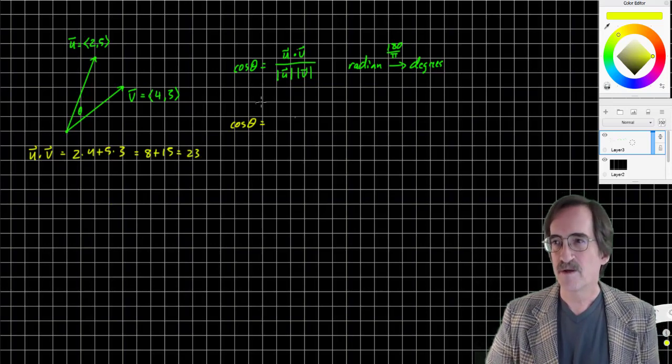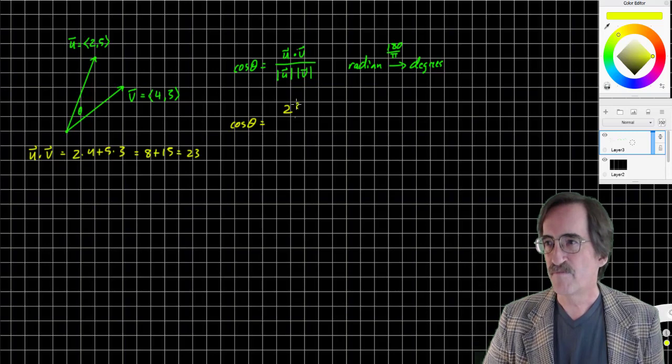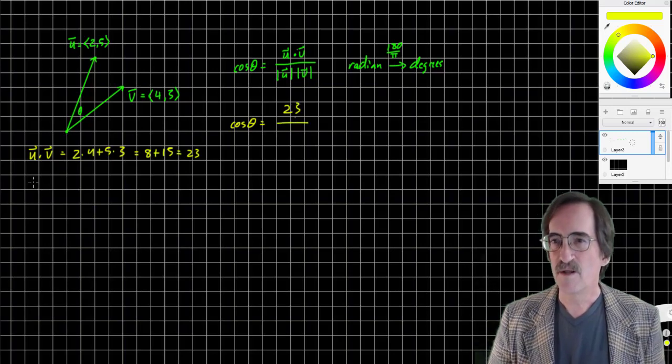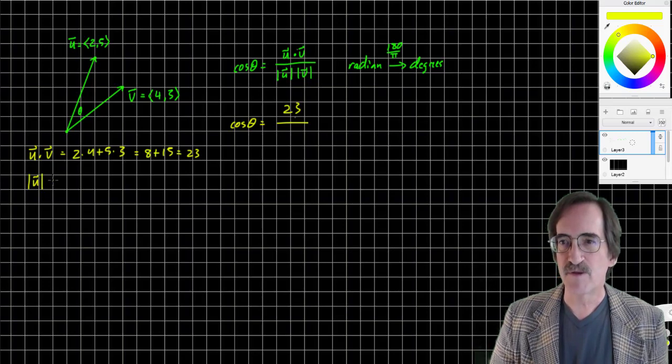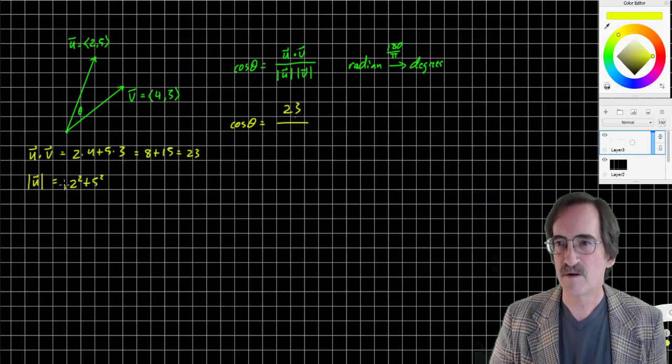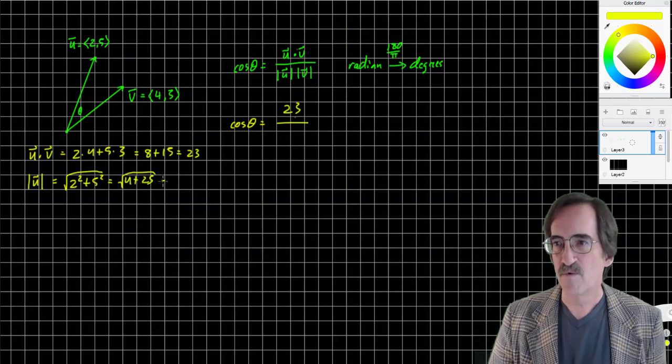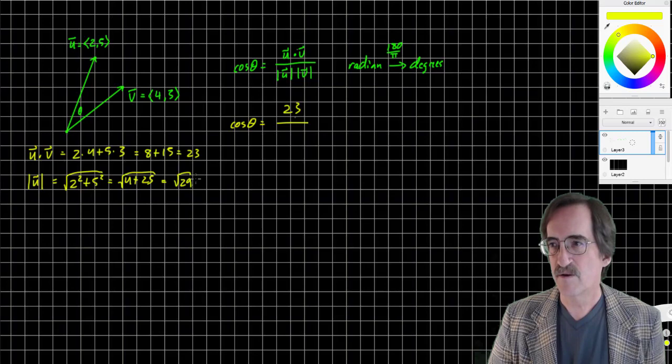Okay, so 23 on the top. On the bottom, the magnitude of u is basically the Pythagorean theorem, so the square root of 2 squared plus 5 squared, which is the square root of 4 plus 25, which is square root 29.